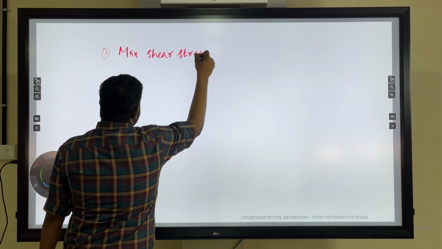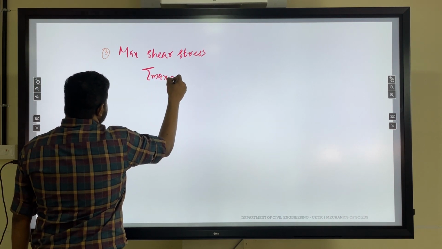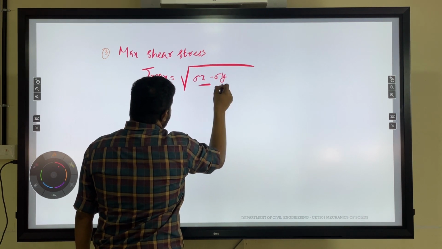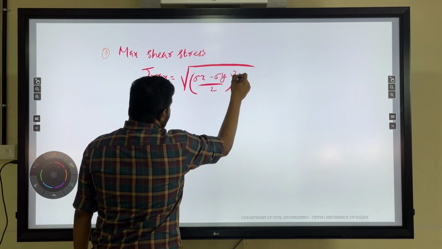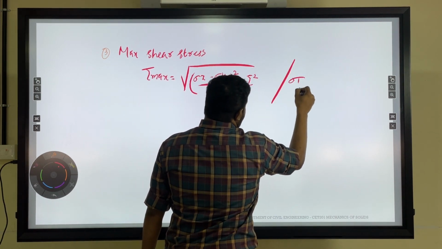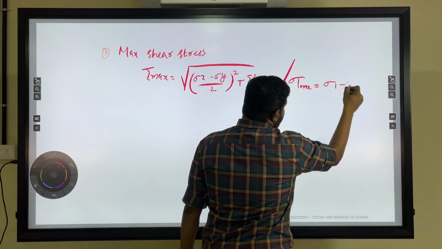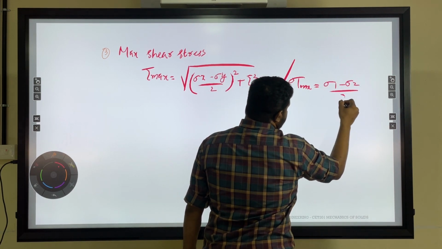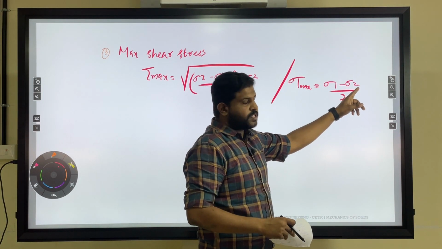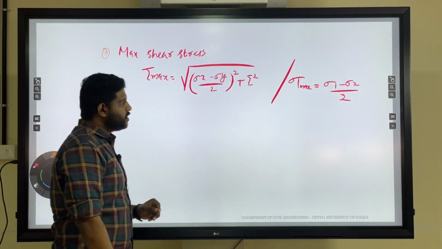So we have the equation for tau max. This is the root of sigma x minus sigma y by 2 the whole square plus tau square. Also you have another equation for tau max, that is, if you are having the values for major principal stress and the minor principal stress, we can also calculate this tau max using the equation sigma 1 minus sigma 2 by 2.